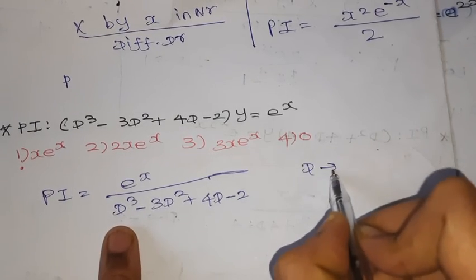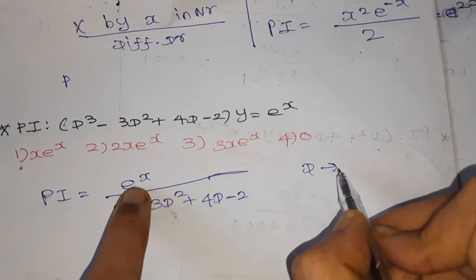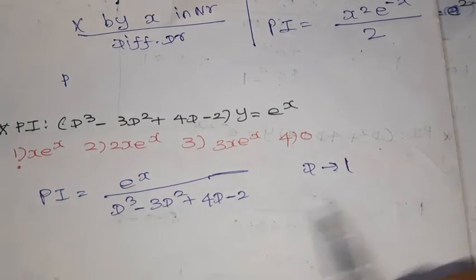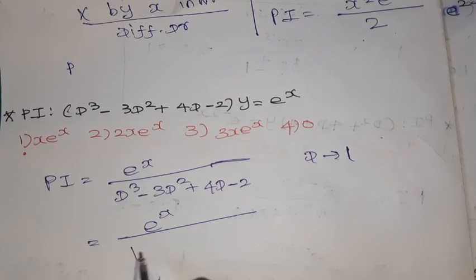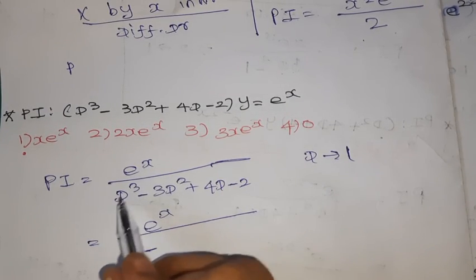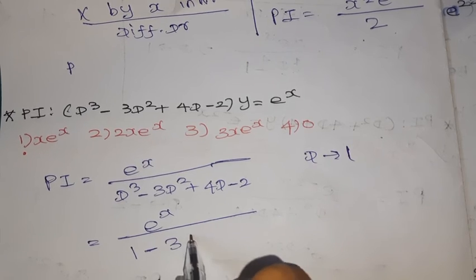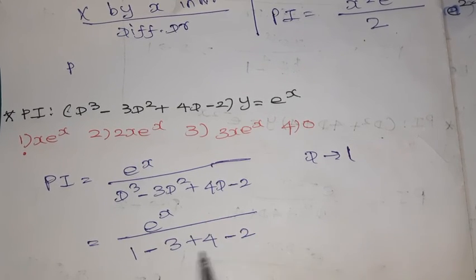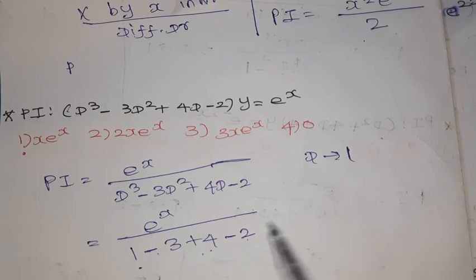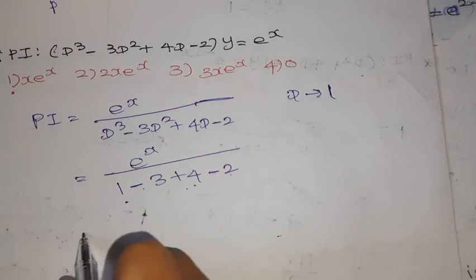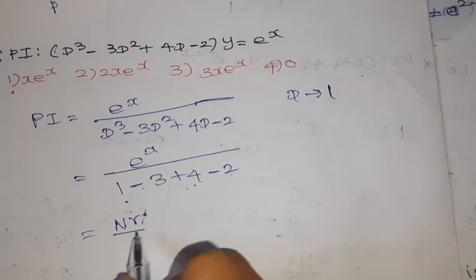Replace D by alpha, where alpha is nothing but 1. So substitute D by 1: 1 minus 3 plus 4 minus 2. Adding the plus terms, 1 plus 4 is 5, and minus 3 minus 2 is minus 5, so 5 minus 5 gives 0. So numerator divided by 0.